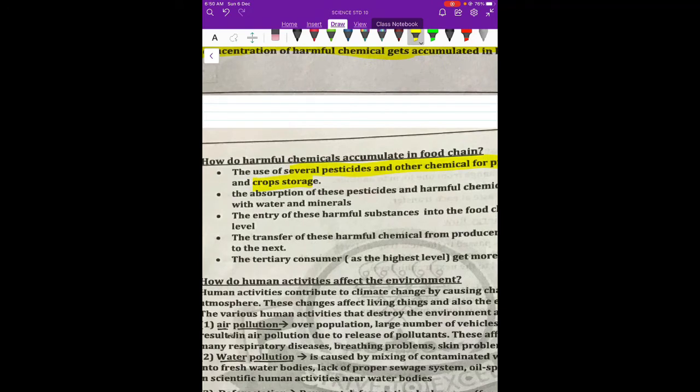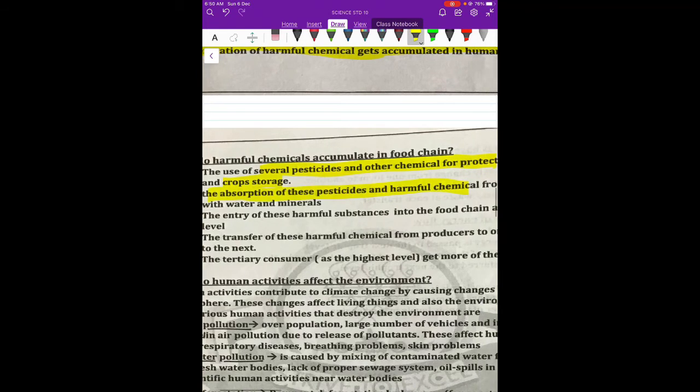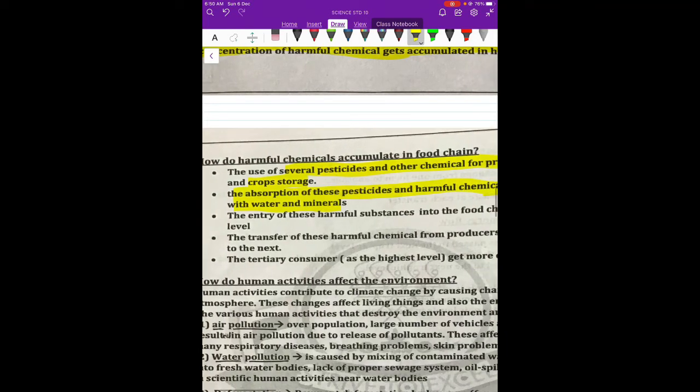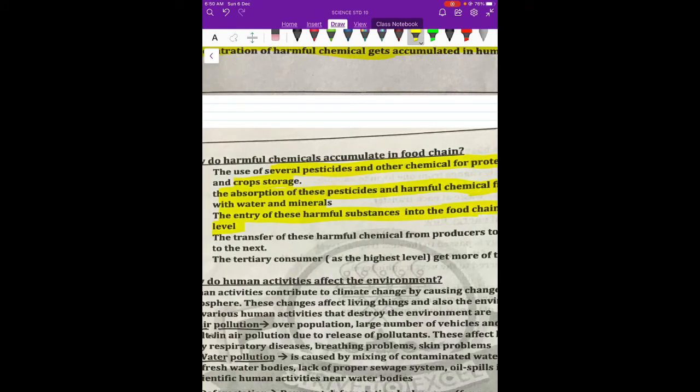Now these means the pesticides and harmful chemicals are absorbed along with water and soil into the plants. Now the entry of these into the producers, it means the plants, it starts the entry of these harmful substances into the food chain, because plants will be eaten by herbivores, which will be eaten by carnivores, and so on.